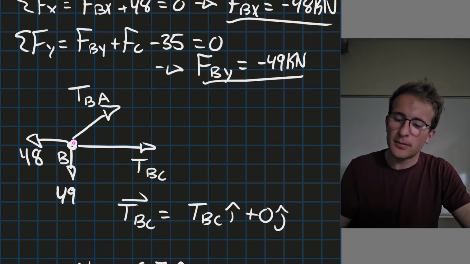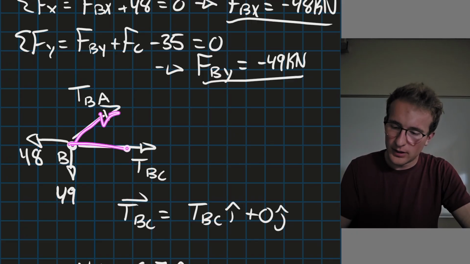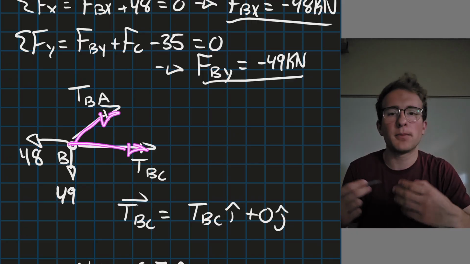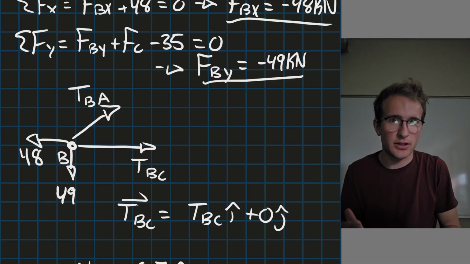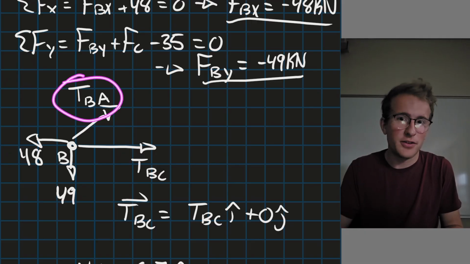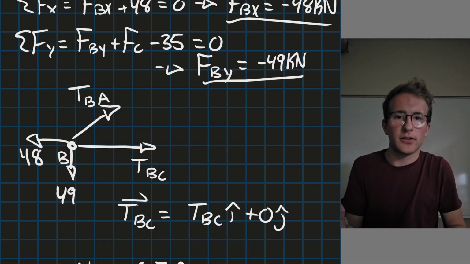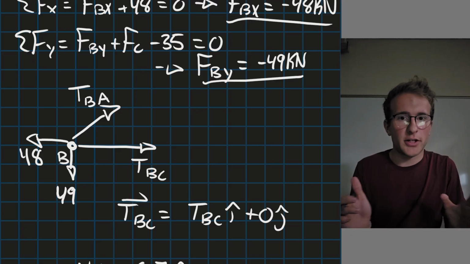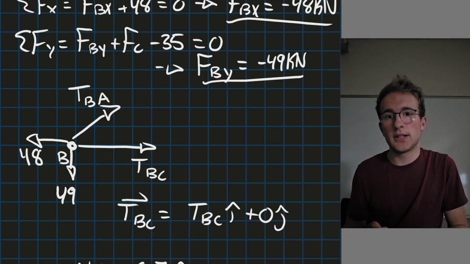In your free body diagram, always assume the unknown member forces are in tension. Draw them as if they are in tension. And then later, when you solve for the tension, if you get a negative answer, that just means your direction was wrong, and it's actually in compression.